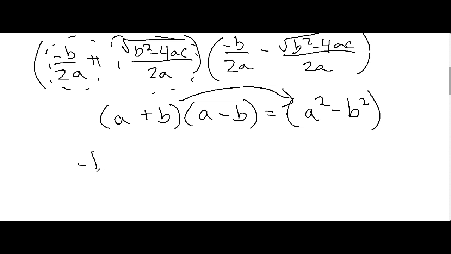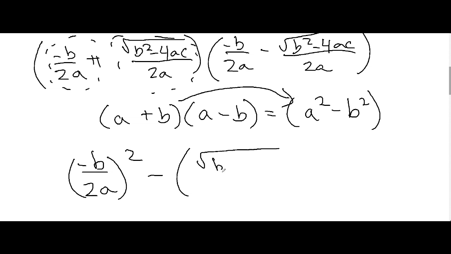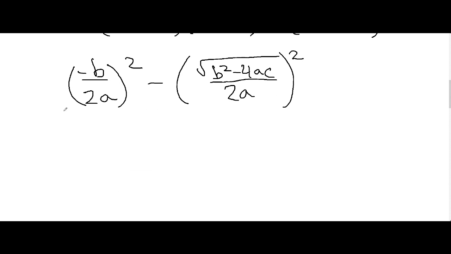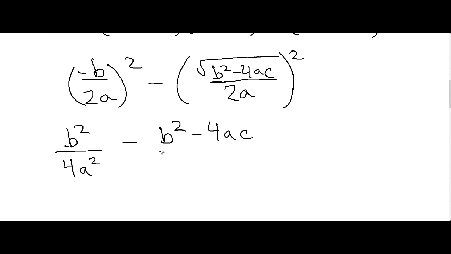So I'm going to have negative b over 2a, quantity squared, minus b squared minus 4ac all over 2a, again, quantity squared. Square both sides, I end up with b squared over 4a squared minus b squared minus 4ac all over 4a squared.